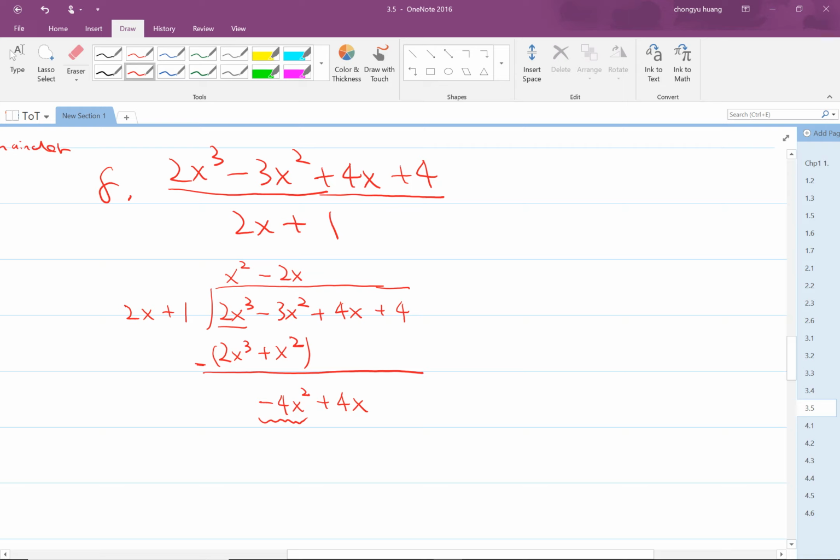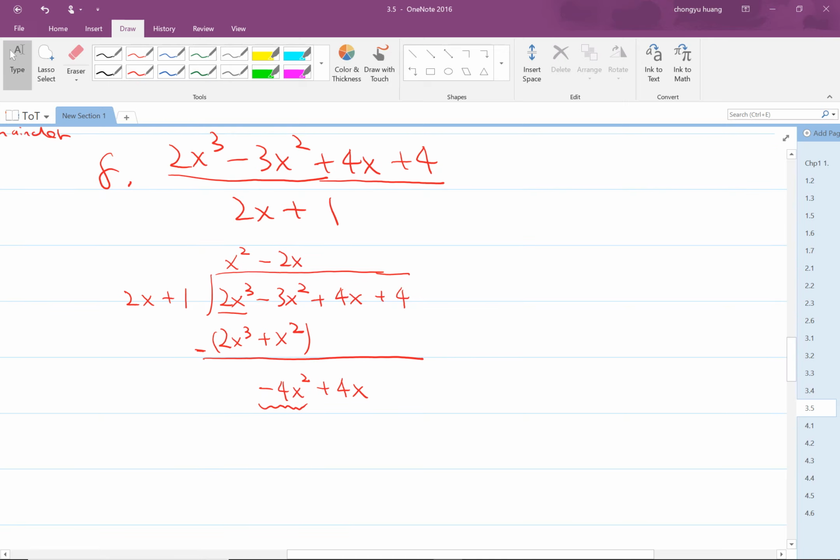Negative 2x multiplied by 2x is negative 4x squared, and negative 2x multiplied by 1 is simply negative 2x.